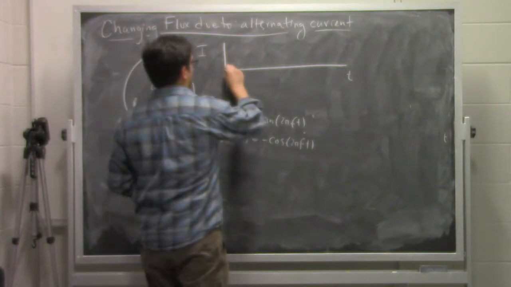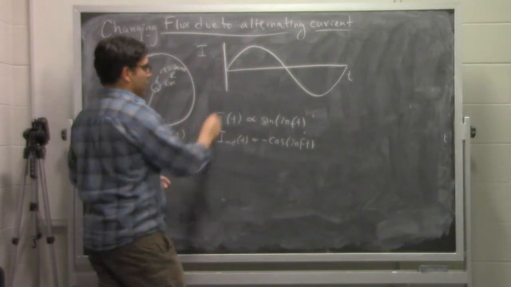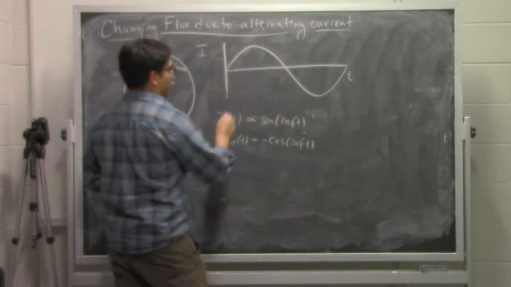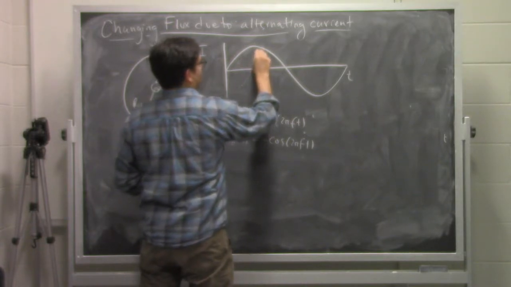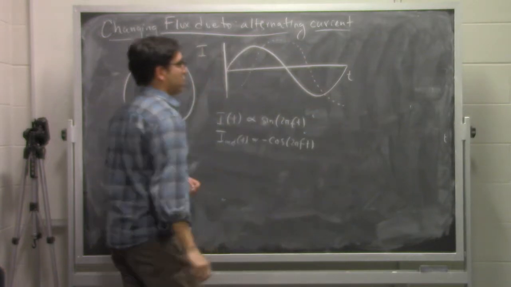So the driven one is going to look like this, like a regular sine wave, whereas the induced one will actually look like a cosine. So it's going to start out big, it'll cross, it'll peak, and it'll cross again.